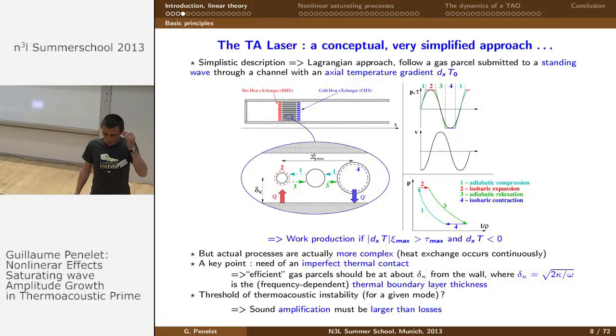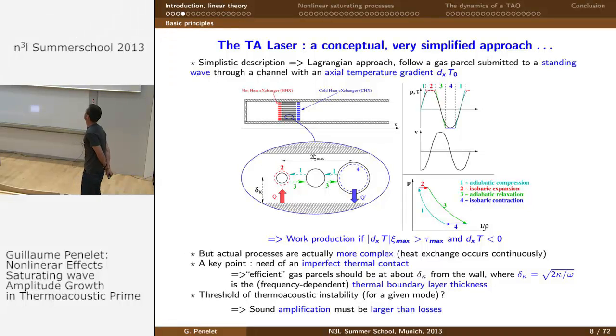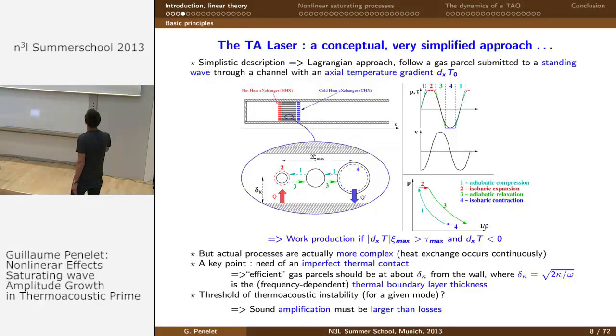So when introducing students to this kind of device, it is quite usual to adopt a Lagrangian approach and to follow a gas parcel which is submitted to a standing wave in a channel of the stack which is submitted to an axial temperature gradient.